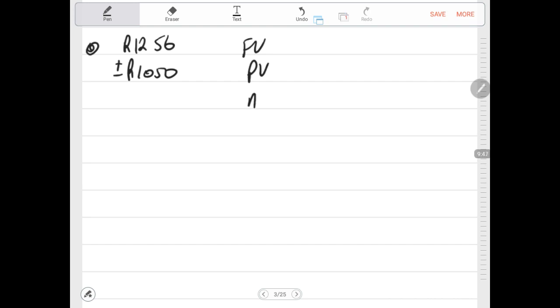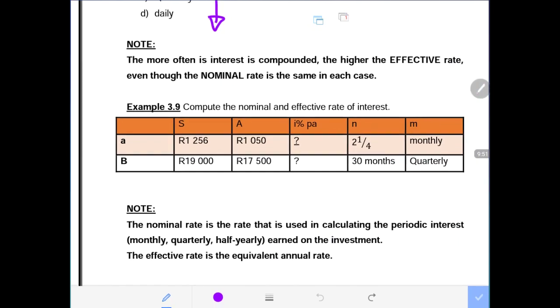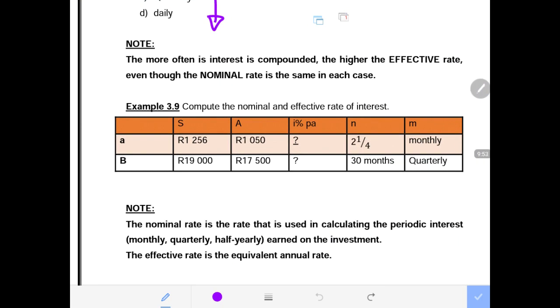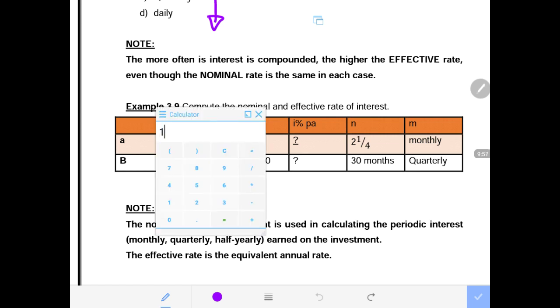We have our n. Our n is 2 years and a quarter. We know that a quarter is 1 over 4, which is 0.25, plus 2, therefore in years this is 2.25 years.